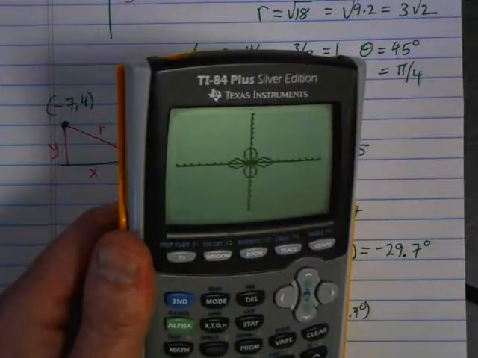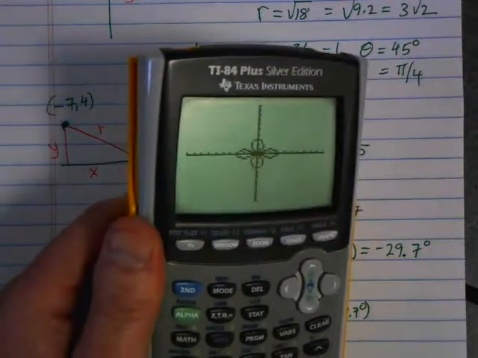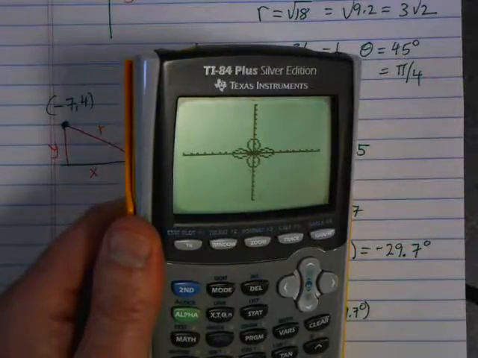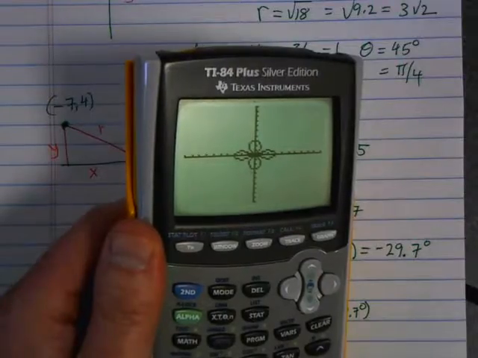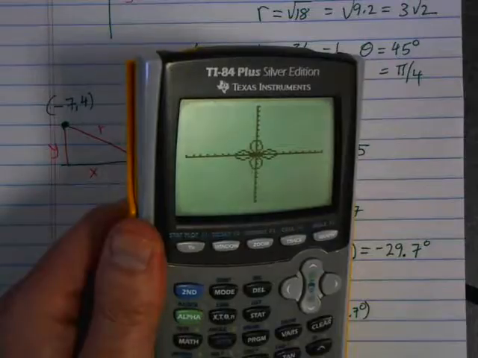So what are polar coordinates good for? Fancy pictures. Many of the fonts that are used are not created using rectangular coordinates.